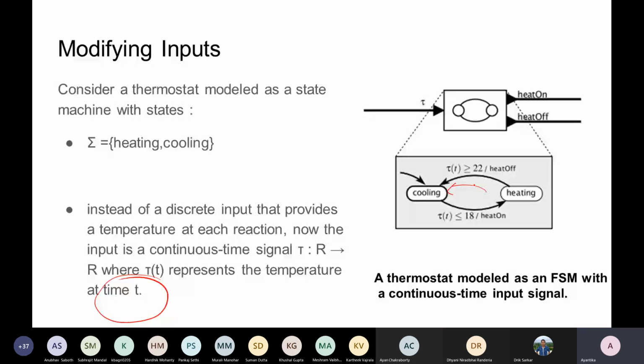So when we are thinking about the temperature, we are specifically considering the value of the temperature at a particular time t, and based on that we specify the transition conditions. So at time t, if the value of that continuous input is such and such, then according to that make the transition or do not make the transition. This notion is called state refinement.